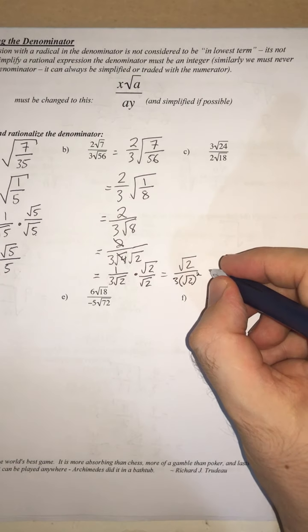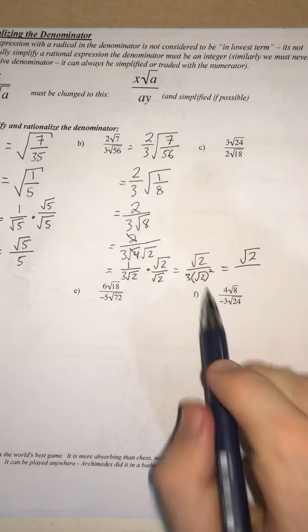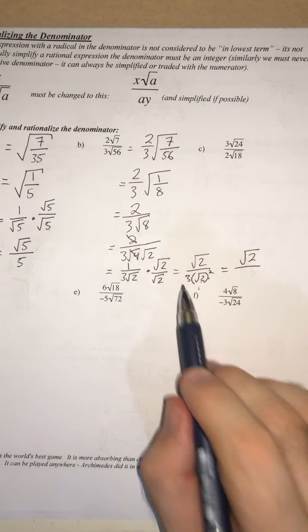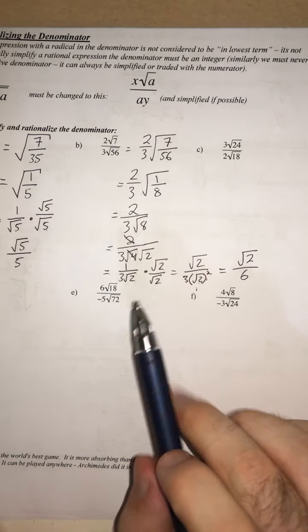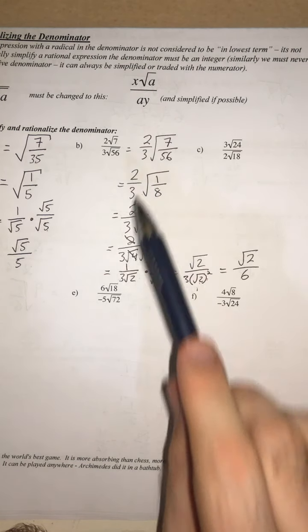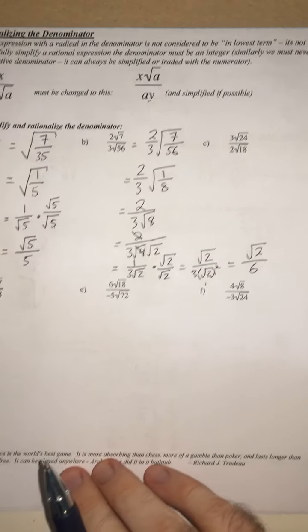From there, root 2 up top, root 2 squared is just 2, times 3 gives you 6. So this would be the final answer that you would get. So just work your way through it. Don't try and skip steps. Skipping steps is where mistakes occur. Try and just work all the way through it.